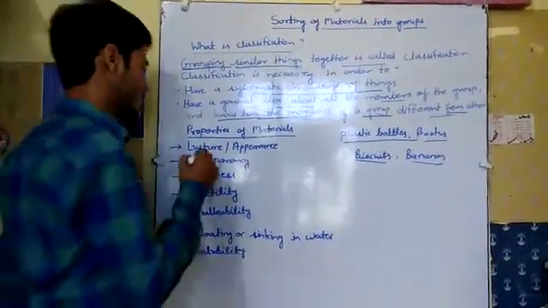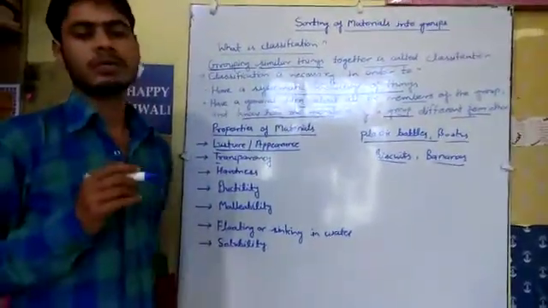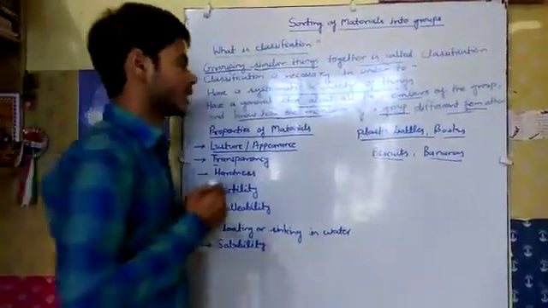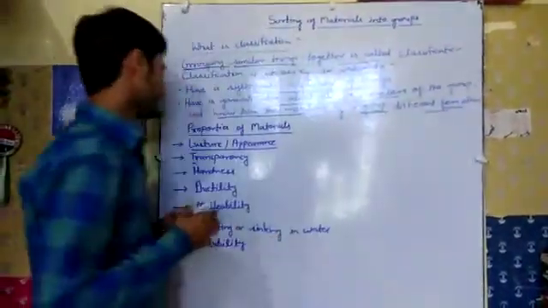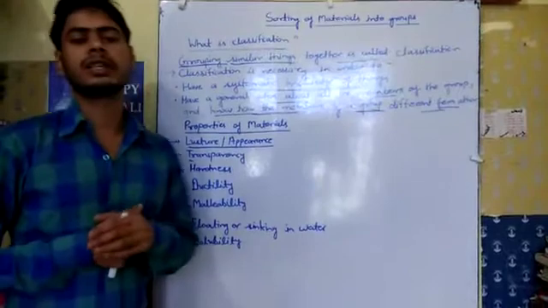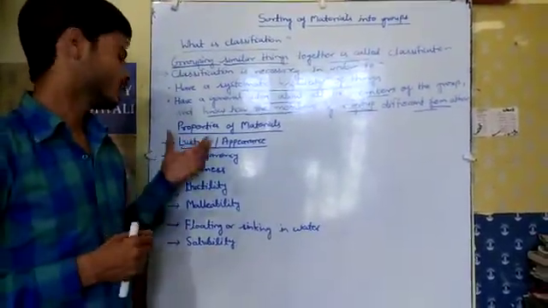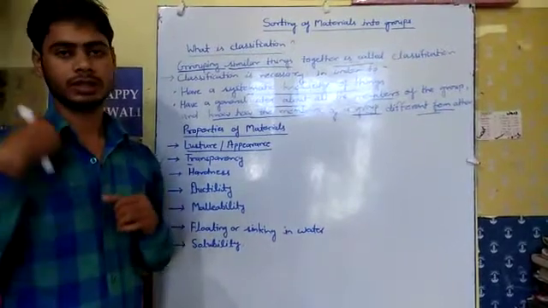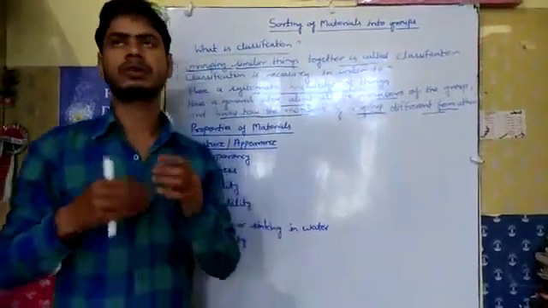The first one is luster or appearance. There are some objects which are shining in nature and have a very good physical appearance. Some objects have metallic luster, for example copper metal.